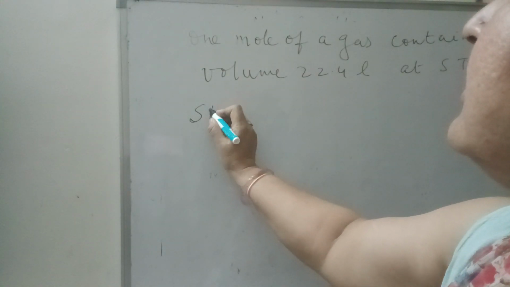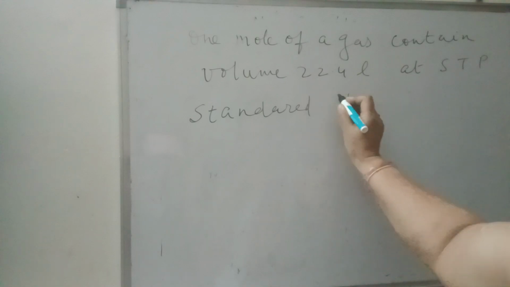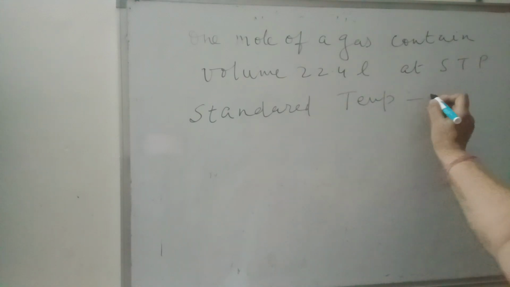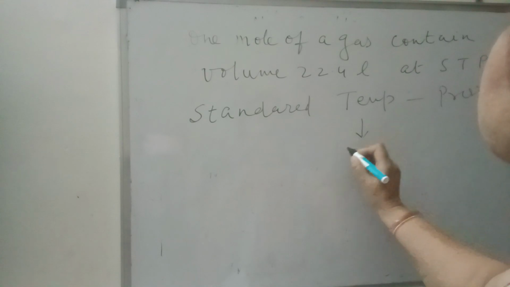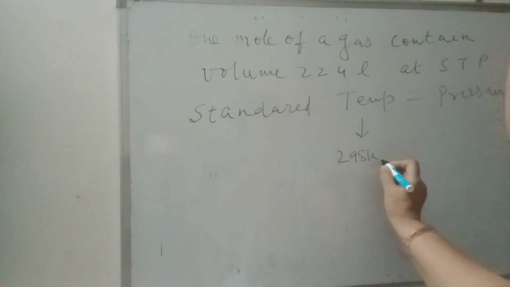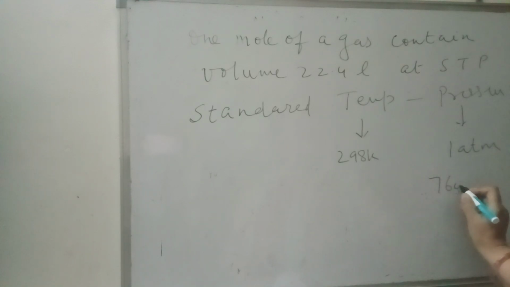So standard temperature will be 298 Kelvin and pressure will be 1 atmosphere, 760 millimeter of mercury.